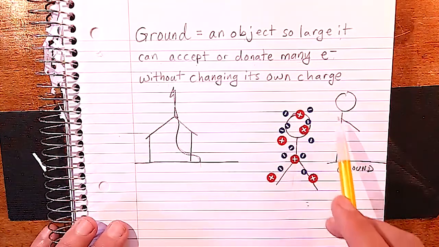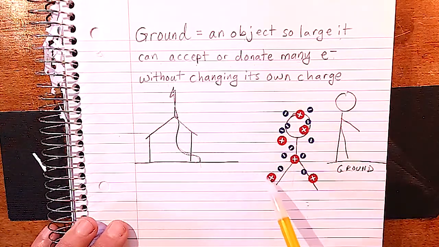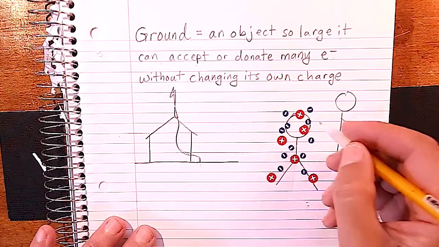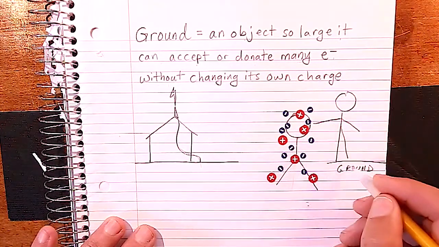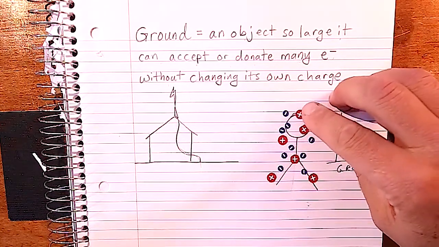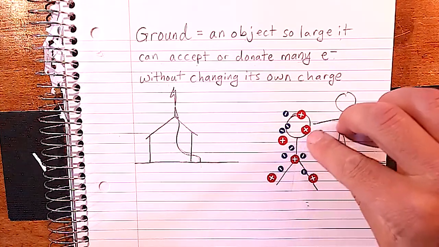We can also look at a charged electroscope. Let's say the electroscope is charged negative, so it has more electrons than protons. If the person who is touching the ground touches this electroscope, then electrons will run through the person into the ground, but not all of them.